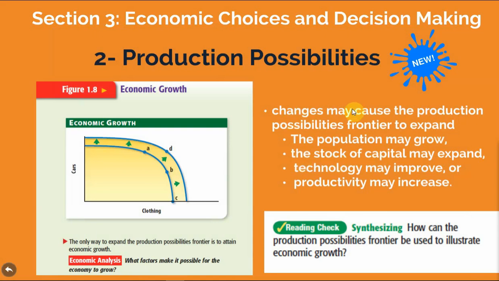Going back to the causes, there's another cause for the production possibility frontier to expand, which is the stock of capital. We have covered what capital is, and we have said that, let's say, money is capital as well. So if your capital has increased, your amount of money has increased, it means you'll be able to buy more resources. With these resources, you'll be able to produce more items.